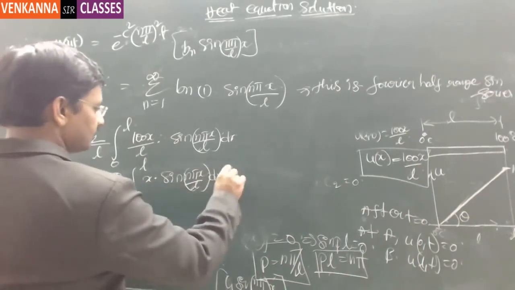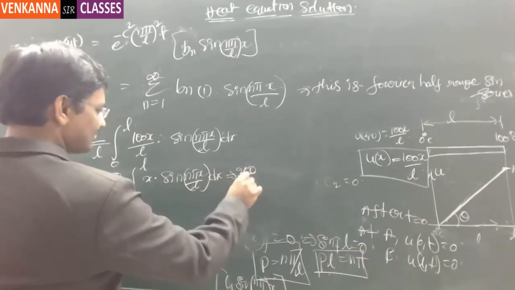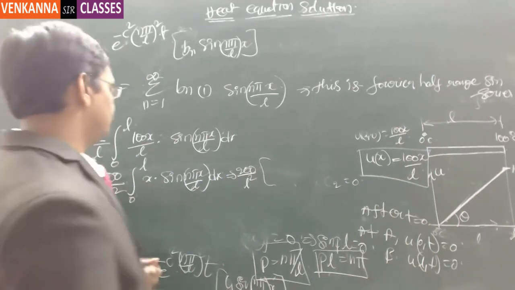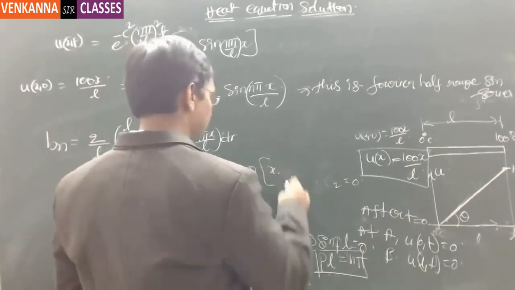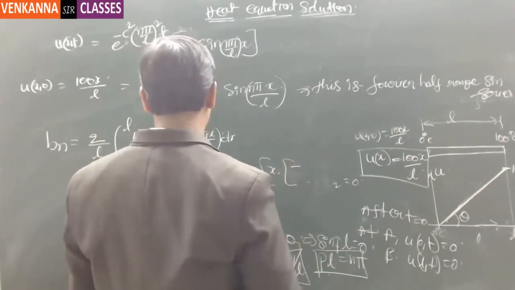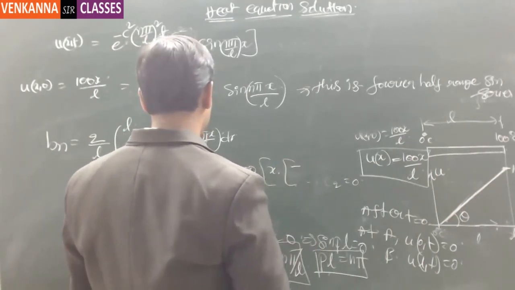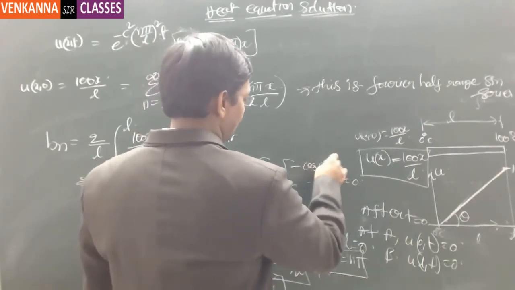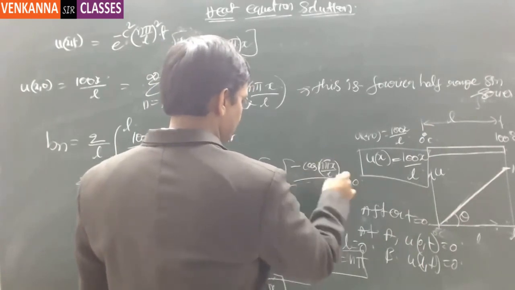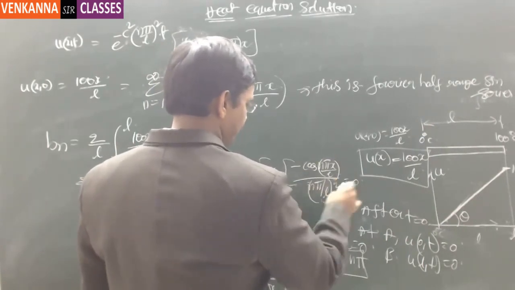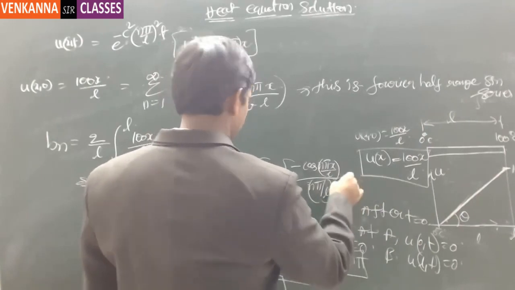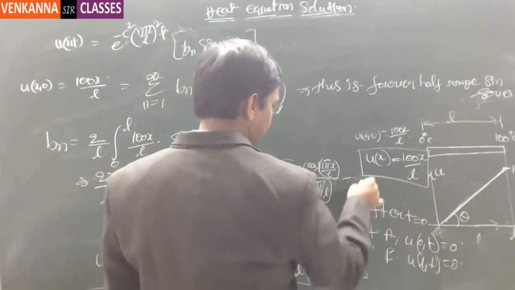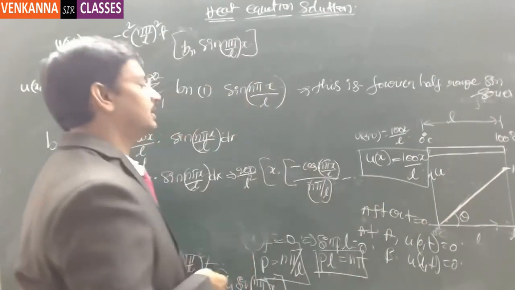Now this is going to be 200 by L square. So you can apply the UV or the by parts formula. This is U into the integral of sine, so minus cos n pi x by L divided by n pi by L, minus the derivative of x, which is 1, and the integral of this, so minus cos integral.